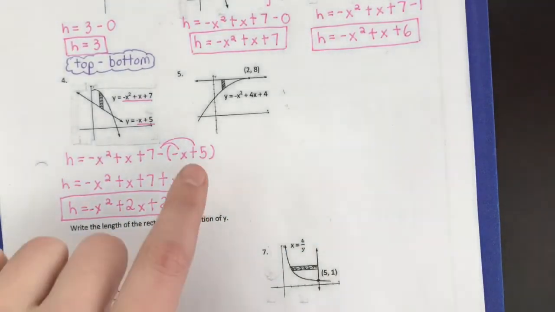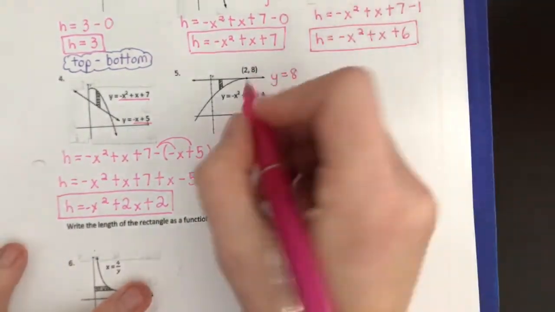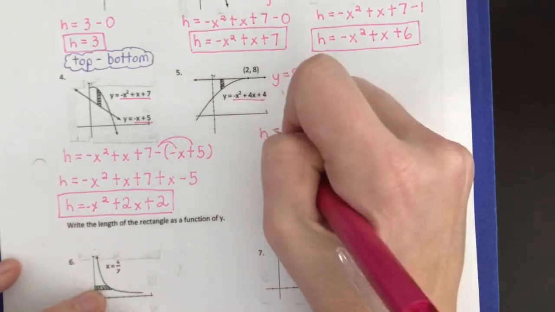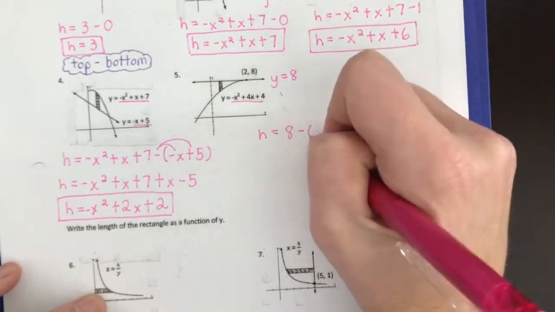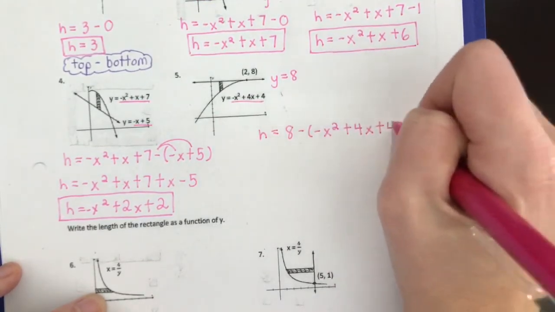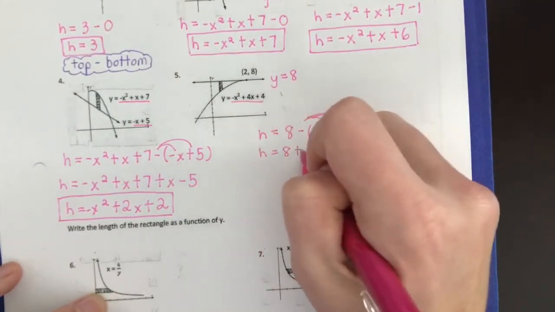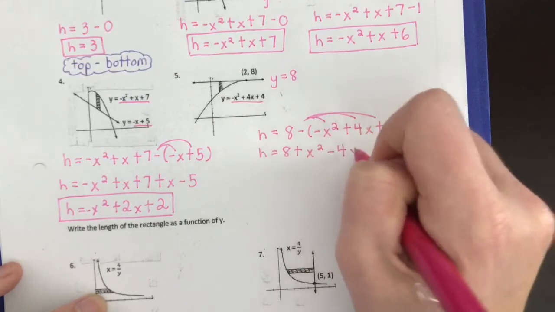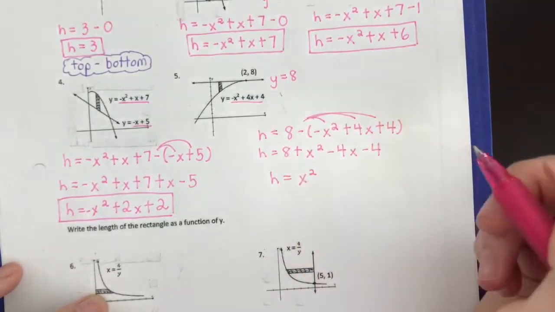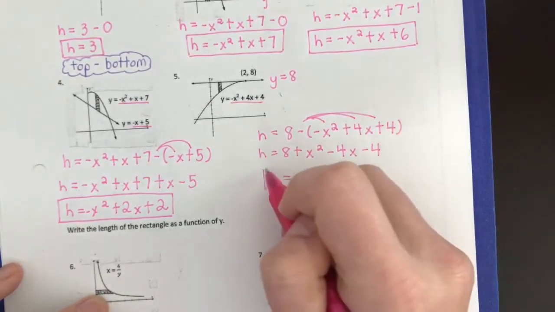All right, last one here that we're describing the height. So top function would be y equals 8. Bottom function is this negative x squared plus 4x plus 4. So for this, height equals 8 minus the quantity negative x squared plus 4x plus 4. So we would get height equals 8 plus x squared minus 4x minus 4. So height equals, putting this in standard form, x squared minus 4x plus 4.